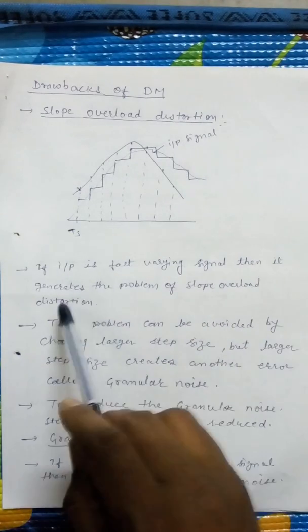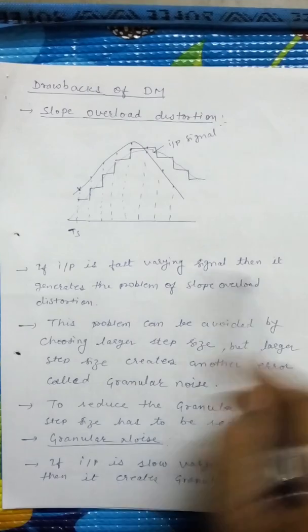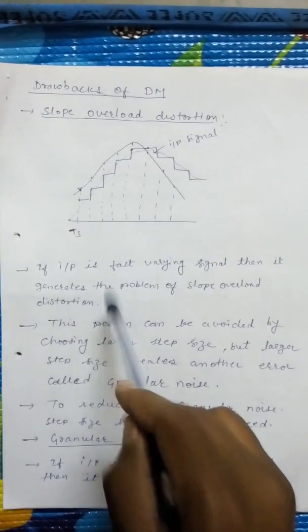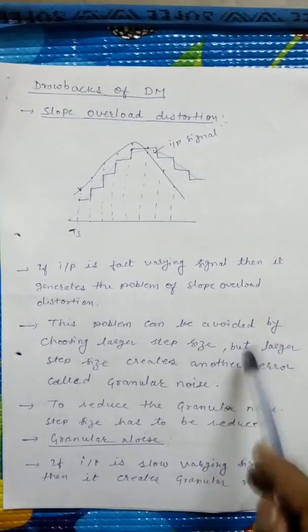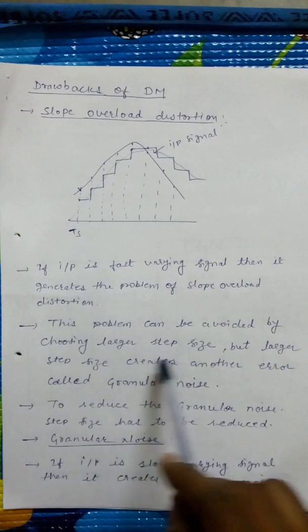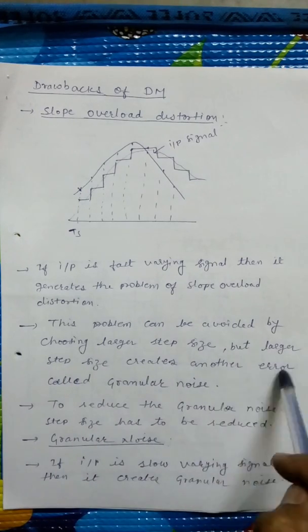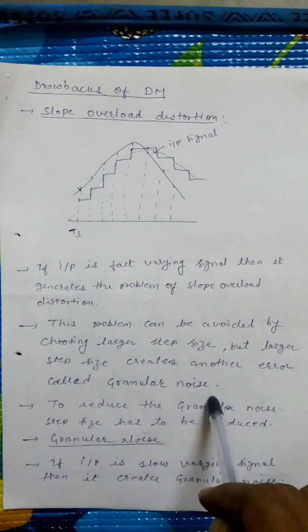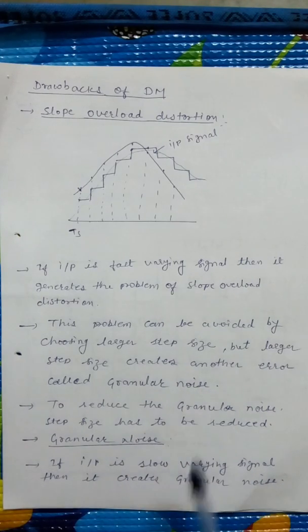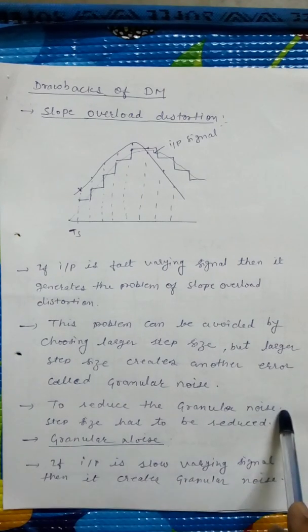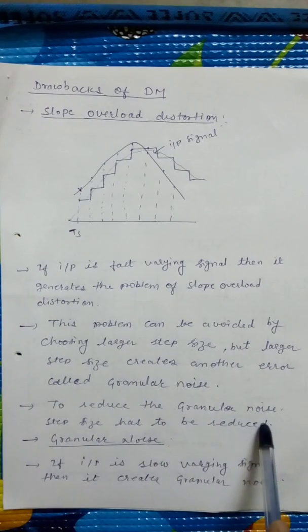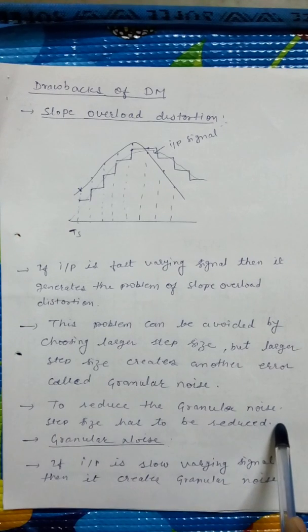This problem can be avoided by choosing a larger step size, but a larger step size creates another error called granular noise. And to reduce the granular noise, the step size has to be reduced.